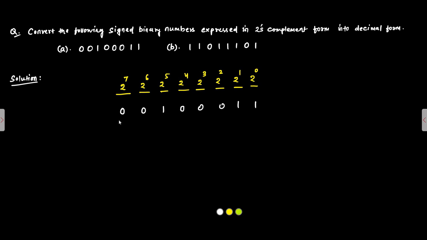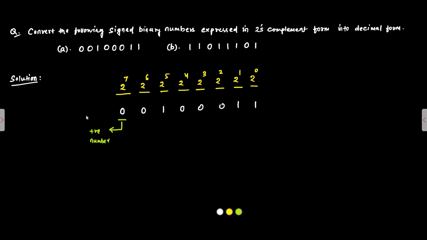So the first step here is also similar to the 1's complement method. First we have to examine the sign bit. Here the sign bit is 0, so it is a positive number.